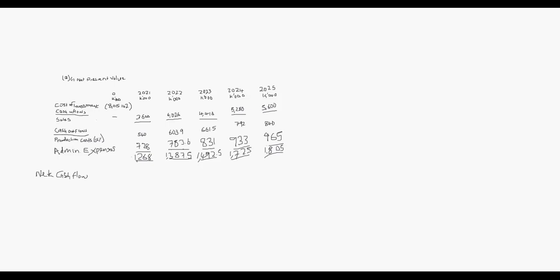Okay, so 3,600 minus 1,268. So the answer will be 2,332. So this is the net cash flow. We go to the next one.